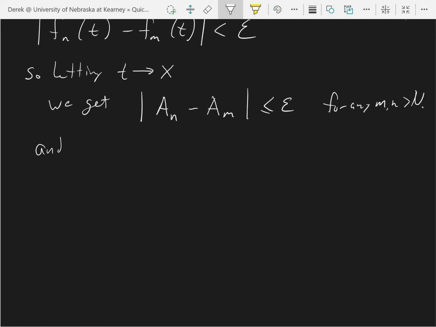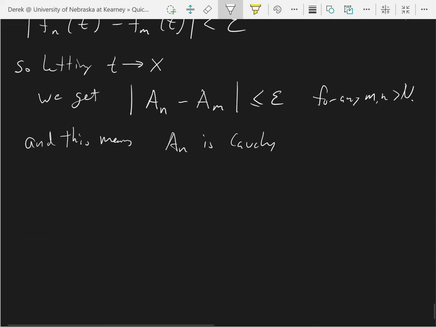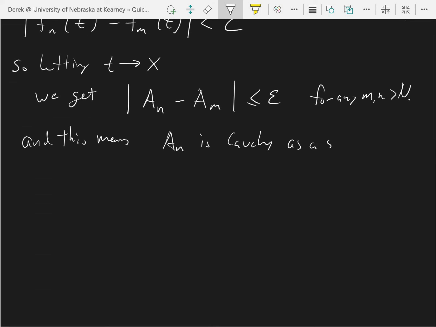And this means a sub n is Cauchy as a sequence, so has a limit. Say the limit as n goes to infinity of a sub n is equal to, by definition, a.